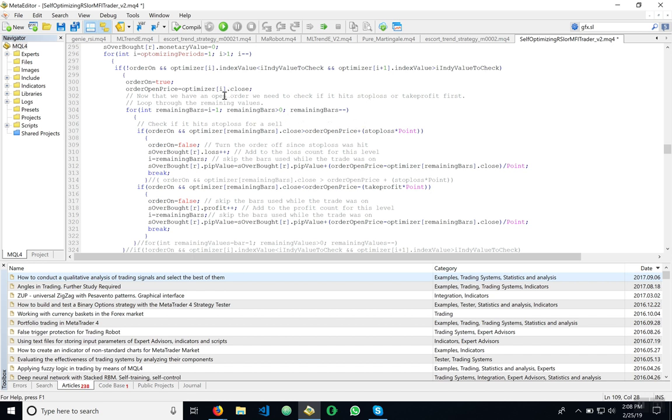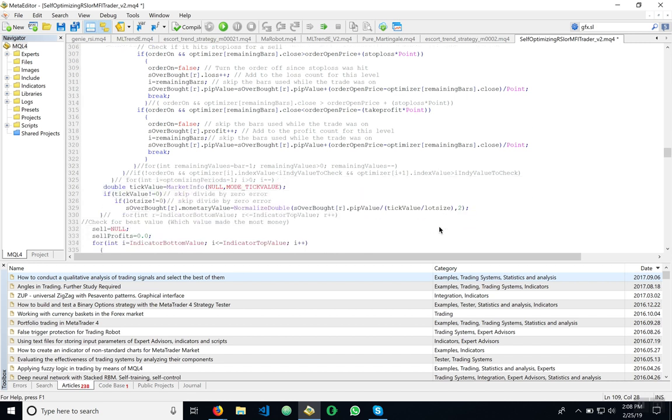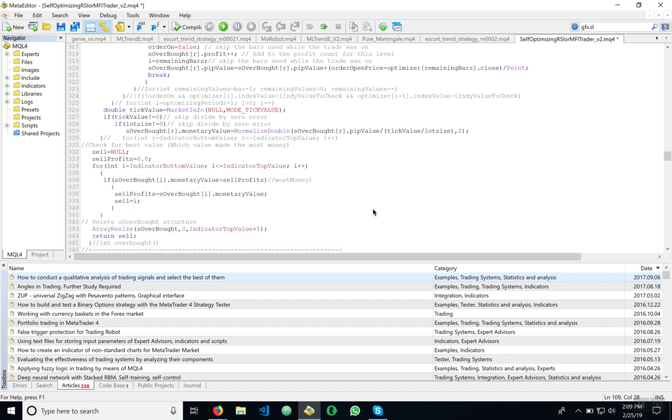And then what this loop here is, it basically goes through the values and checks to make sure more than once that the optimal price has been determined based on the overbought position, and then sends that value to a trade that will then be sent up to the main or the onTick function, and it executes an order.